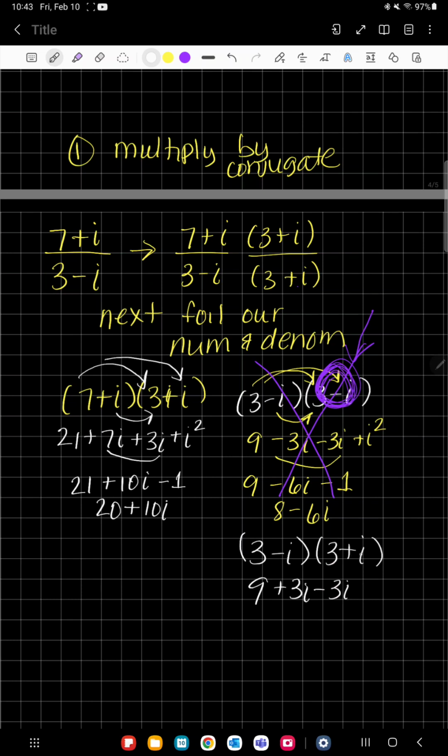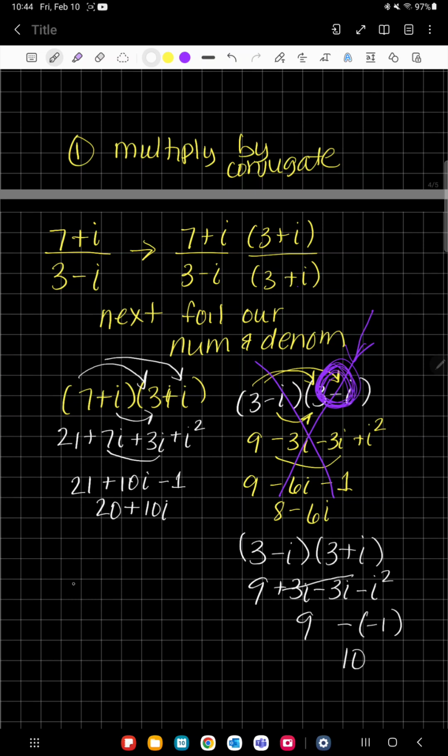And negative times positive is negative I squared. So this one changes because it's supposed to be negative I squared. These will cancel out, right? Negative I squared is negative, and what's I squared? Negative 1. So we bring down our 9. Exactly, 9 minus negative 1 makes it 10. Yes, so our denominator is 10.